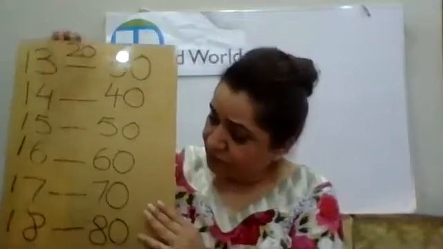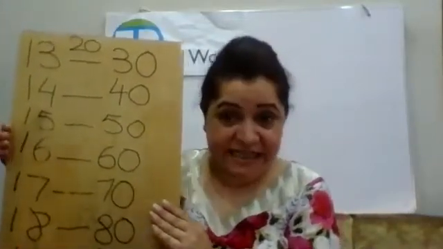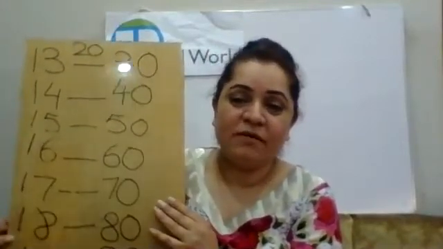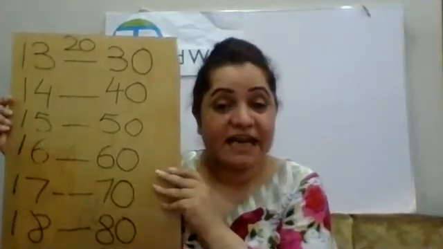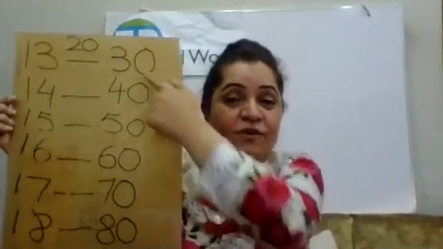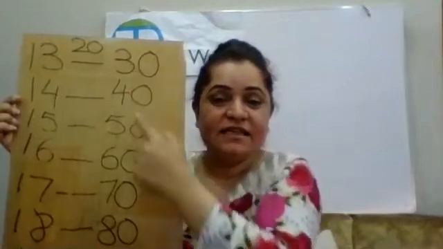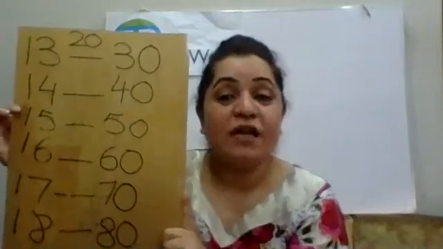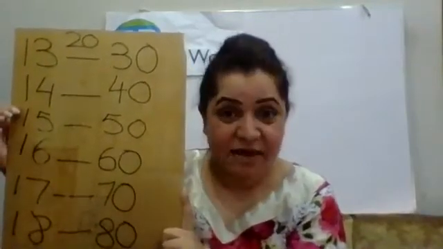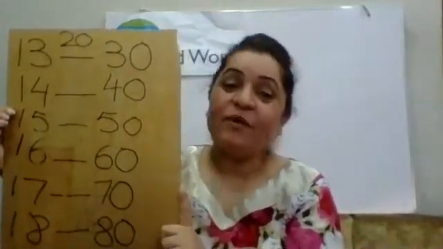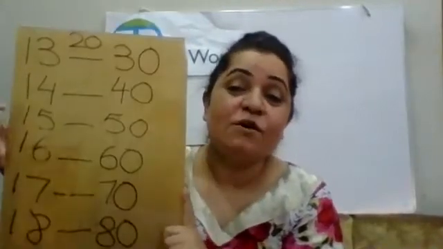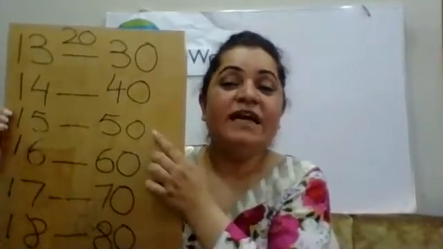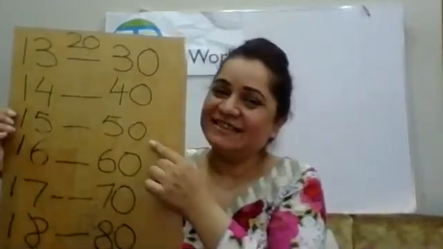So on this side, we have teen numbers with the number one with all the numbers, and then on the other side we have Thai numbers which has 0 with all the numbers, right? There is a 0 after the number in Thai numbers, and there is 1 before the number in teen numbers, right? That will be easy for you to remember. There is always a 1 in the teen numbers, and there is always a 0 in the Thai numbers, right?